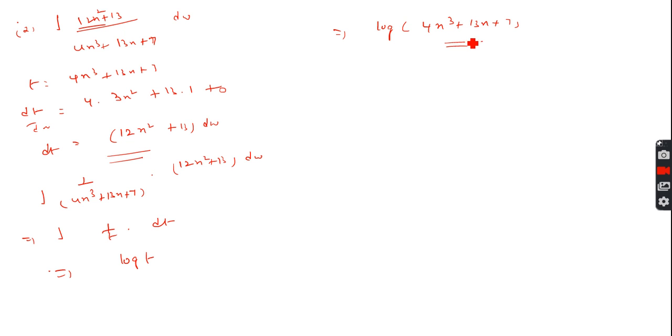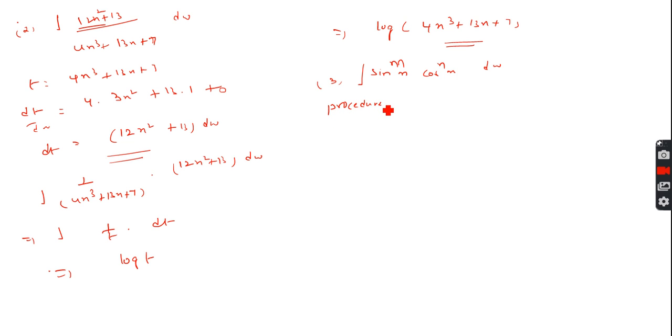Next, suppose there is a form sin power m x and cos power n x into dx. What is the procedure?